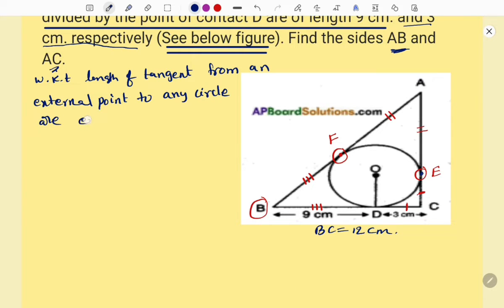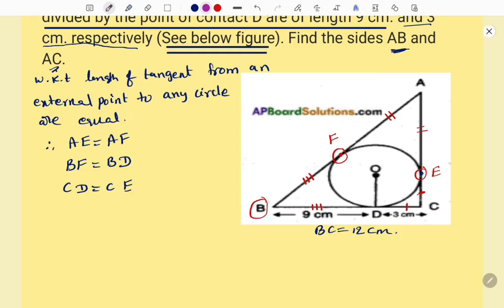Therefore AE is equal to AF. From B, BF is equal to BD. And also from C, CD is equal to CE.